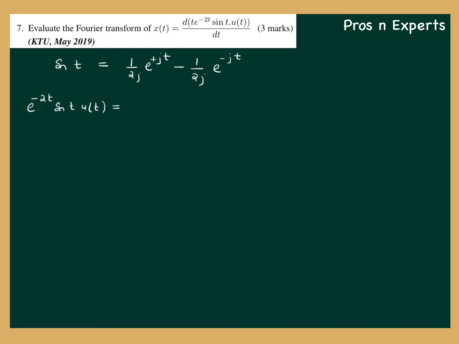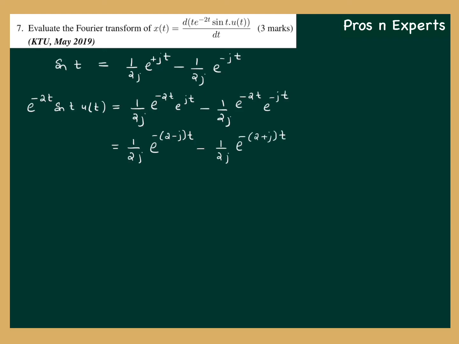So what happens is you multiply 1 by 2j into e raised to minus 2t e raised to jt, minus 1 by 2j into e raised to minus 2t into e raised to minus jt. I have just taken e raised to minus 2t and multiplied with both the terms. Now I can simplify it as 1 by 2j into e raised to minus of 2 minus j into t, minus 1 by 2j into e raised to minus of 2 plus j into t.